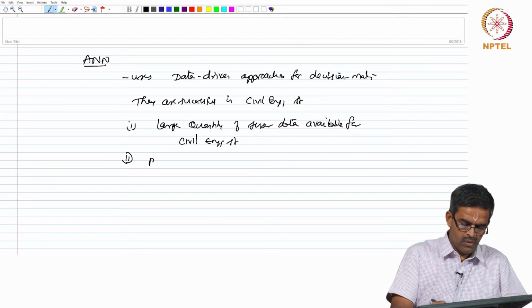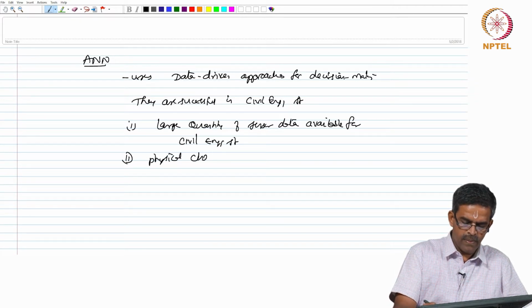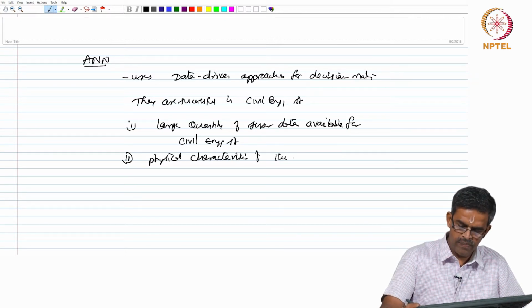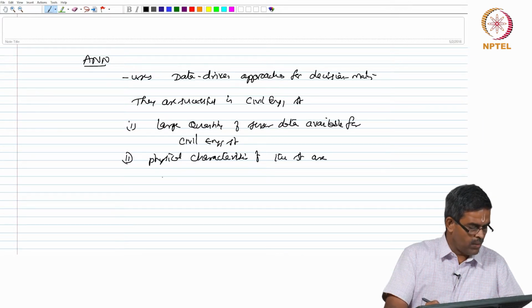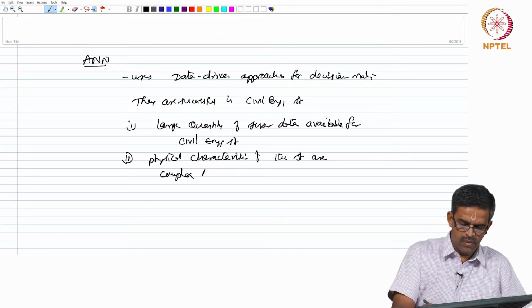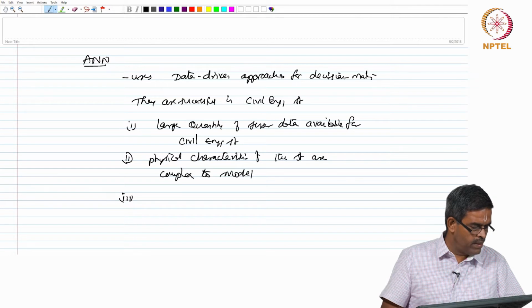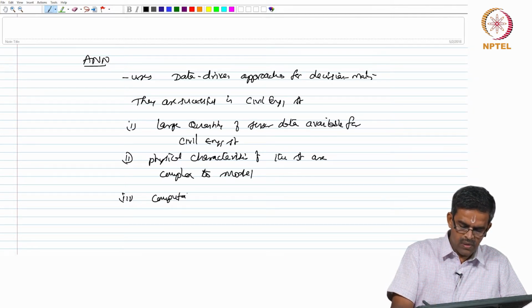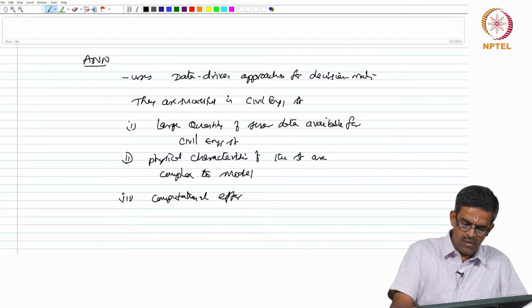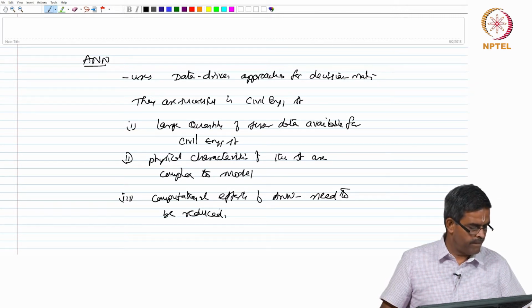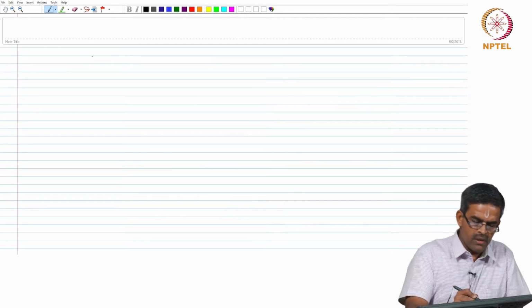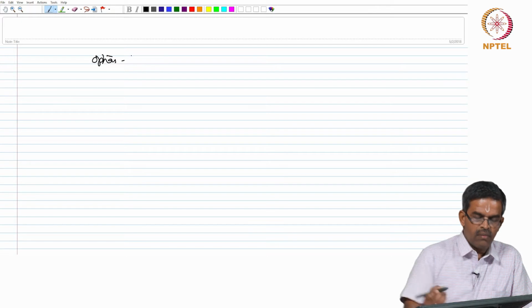Two, the physical characteristics of the structure are complex to model. Thirdly, the computational effort of ANN needs to be reduced in such situations.